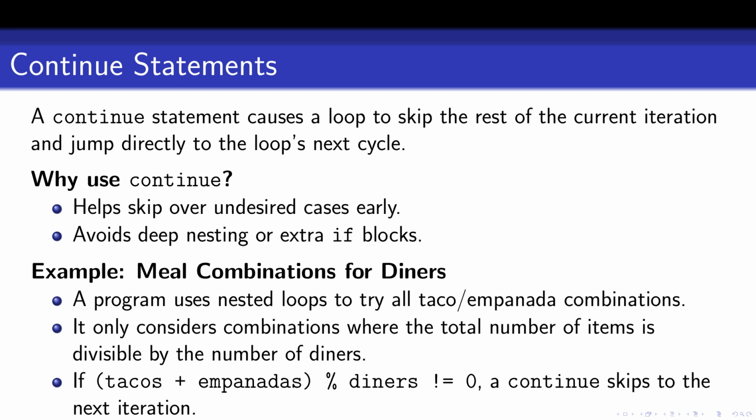The loop only wants to consider combinations where the total number of items is divisible evenly among diners. If that condition isn't met, a continue statement skips to the next combination without processing the rest of the loop body. This helps keep the loop body focused on valid cases, reducing unnecessary nesting and improving readability.